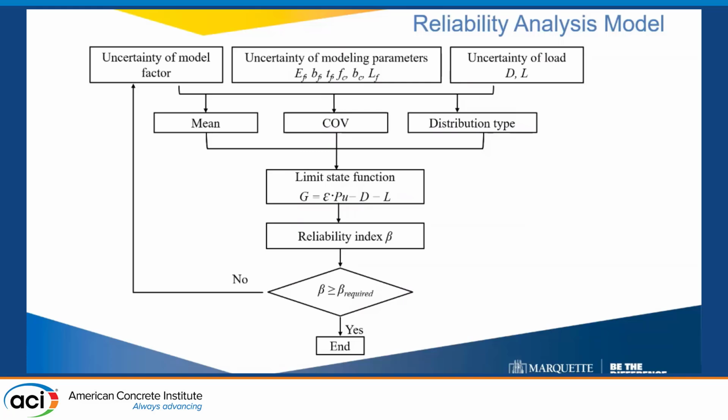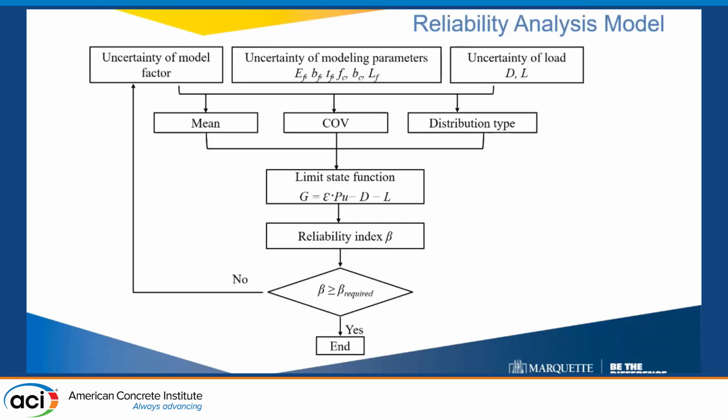For most concrete design, that value is 3.5 or maybe higher, 3.8. So we keep inputting the values till we get satisfied values, and then we close the loop. So that's the basic idea of the reliability analysis.